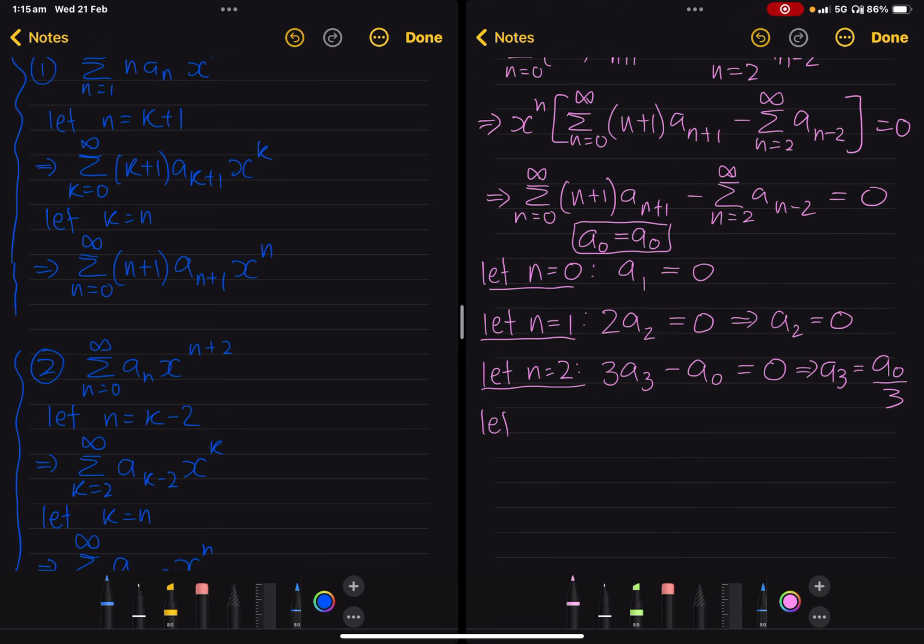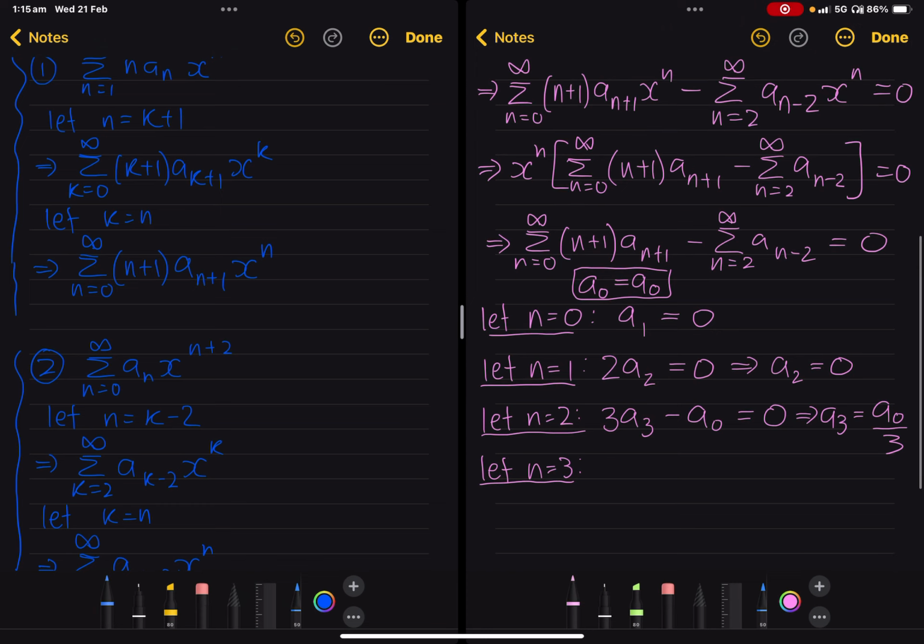And then if we let n equal 3, we are going to get 3 plus 1, that's 4. So we have 4a4. And then if n is 3, 3 minus 1 is 1, that'll be a1. So minus a1 equals 0.